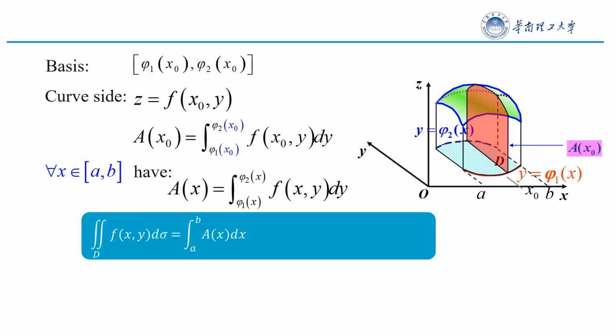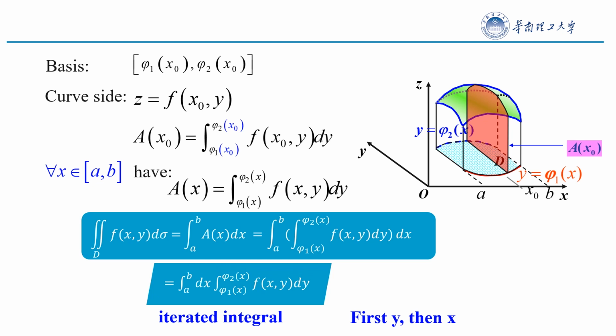Replacing A(x) with its expression in the integrand, we get that the double integral of f(x,y) on D is equal to this formulation. Usually, it is written in this compact form.